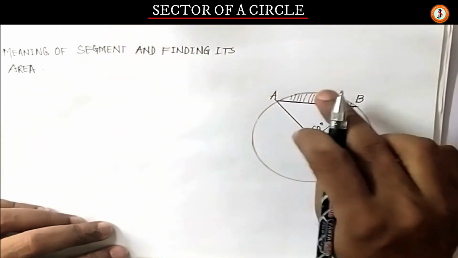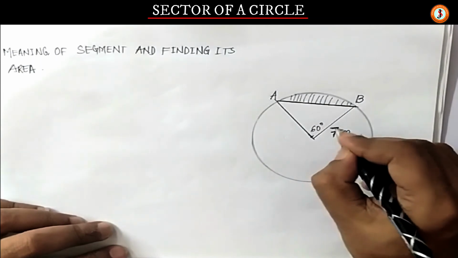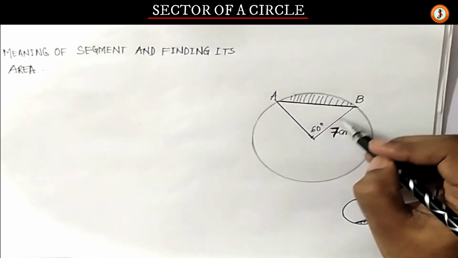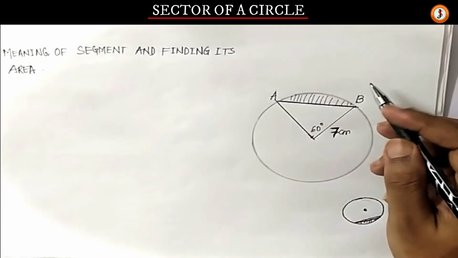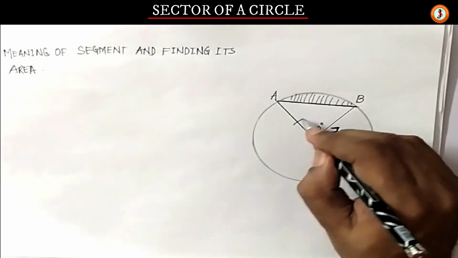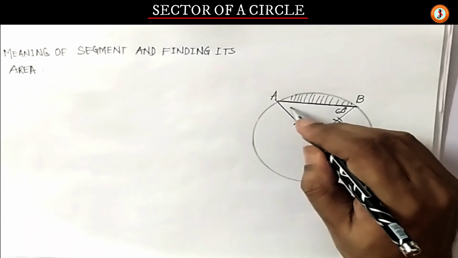So they're telling me to find out the area of this. They're giving me this as 7 centimeter. Now how do I go about this? I can calculate the area of this sector by using the sector formula, and I can subtract the area of this triangle. Obviously if this is 60 degrees, radius and radius are equal, so this will be also 60 because it is an isosceles triangle.